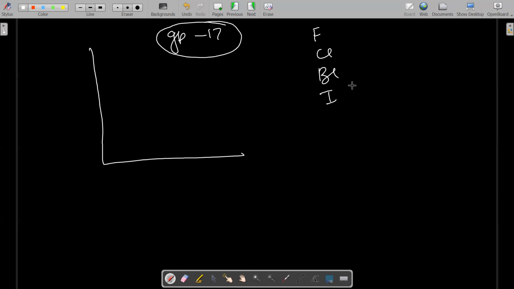When we are moving down the group, the electron gain enthalpy decreases. So which must be highest? Fluorine, then chlorine, but chlorine's electron gain enthalpy is more than fluorine. Then bromine, then iodine.